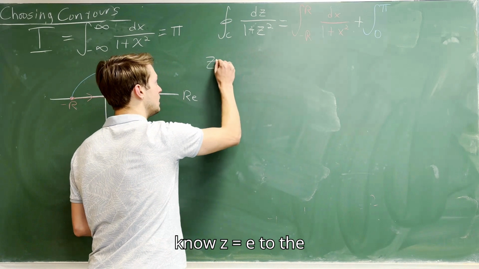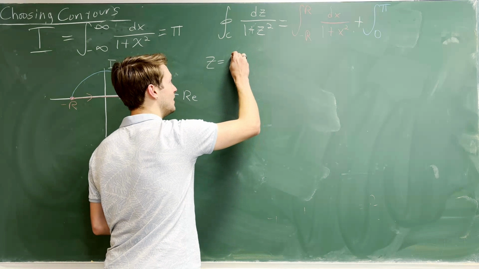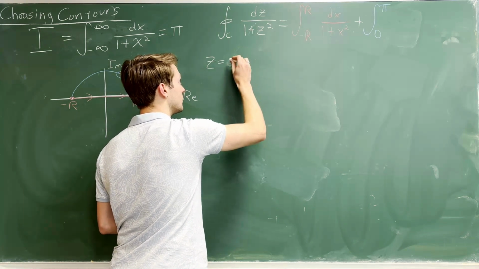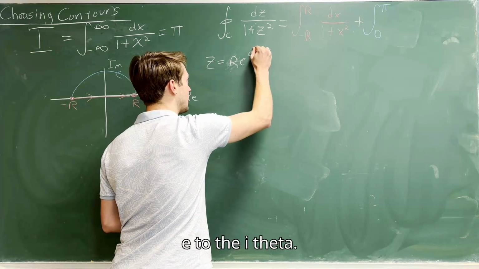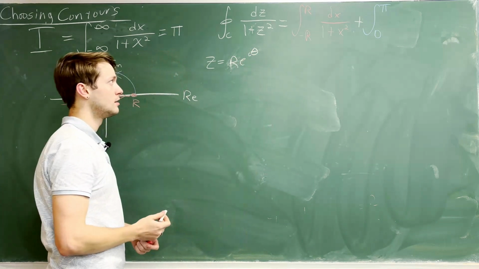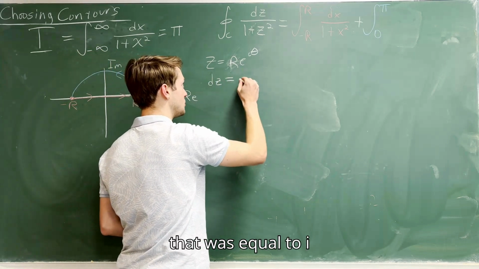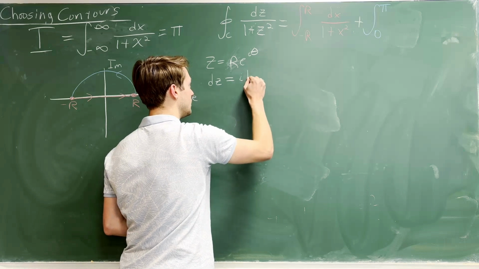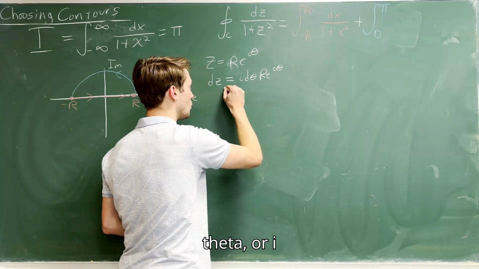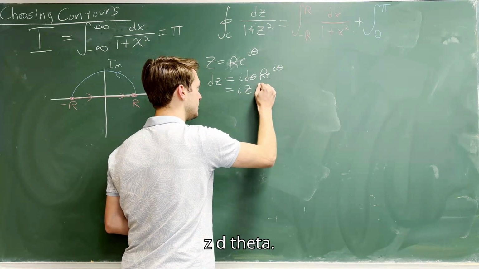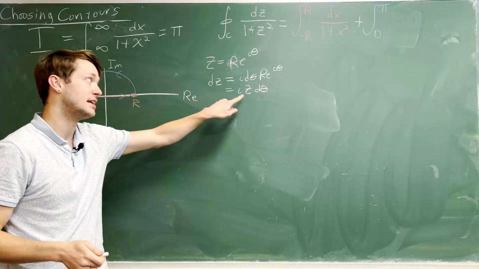We know z equals r e to the i theta. So if we take dz, that is equal to i d theta r e to the i theta, or i z d theta. So, in other words, d theta is equal to dz over iz.